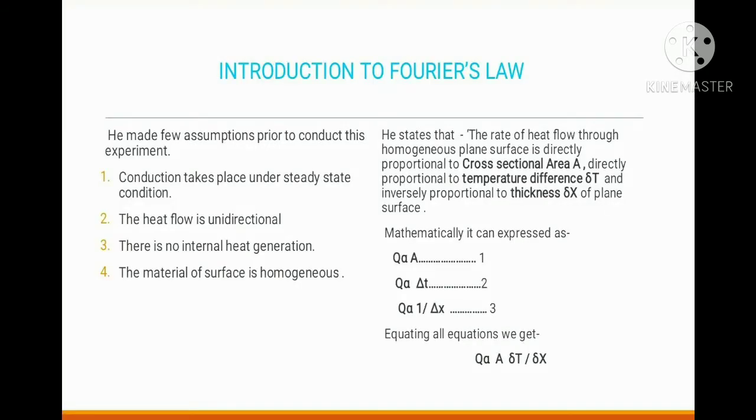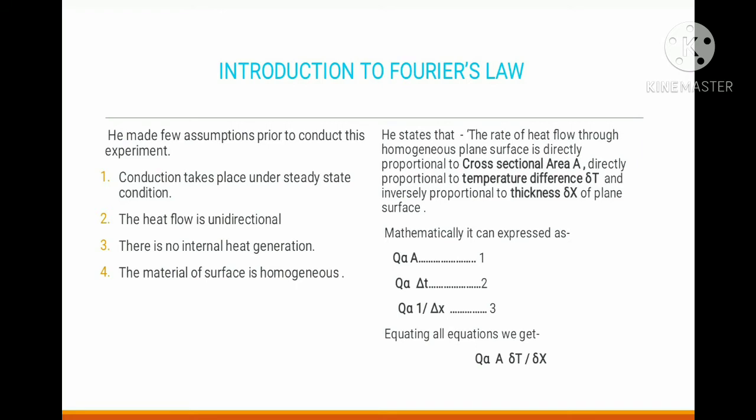Before making any conclusion from this experiment, Fourier made a few assumptions prior to conducting it. First, conduction takes place under the steady state condition of heat transfer. Steady state condition means nothing but the rate of change of temperature with respect to time remains constant.